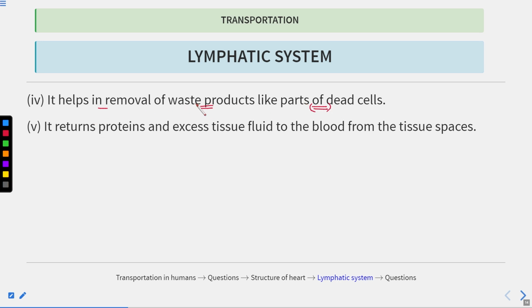So it helps to clean the blood. There is always wear and tear of the cells going on, so the parts of the dead cells are removed with the help of the lymph. Another role is that it returns the proteins and the excess tissue fluid to the blood from the tissue spaces. This is clear. So these were the functions of the lymph.